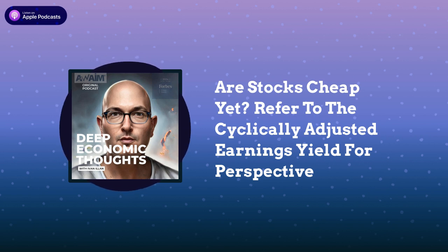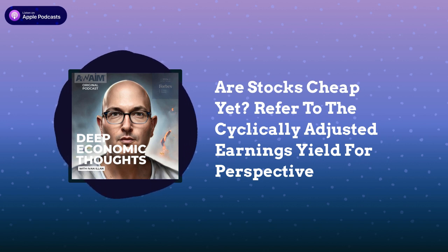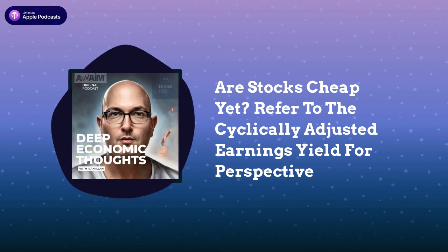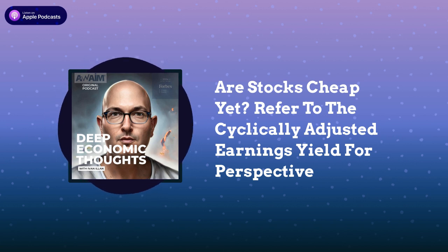And it's a helpful way to what I would call harmonize the value of stocks versus the value for bonds. And it standardizes it or harmonizes it in a way so that we can compare these very different asset classes, stocks and bonds, in an apples to apples type comparison.